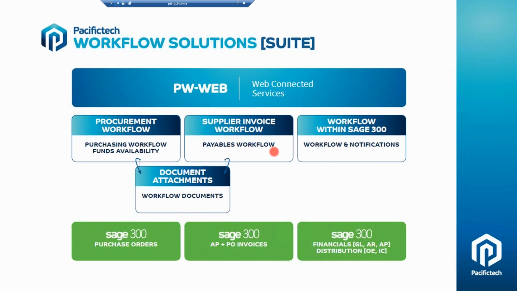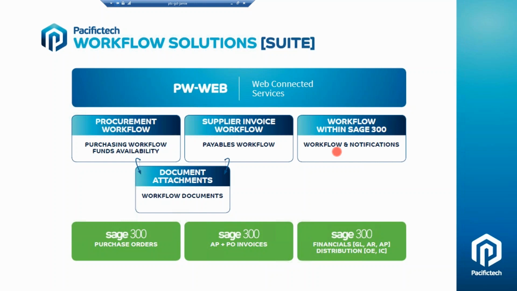We've got two other workflow modules that we won't cover today, but I'll mention them just so that you're aware of them. This one here is payables workflow, which is the workflow on supplier invoices. When an invoice comes in, that can go through an approval process as well. On the right-hand side is workflow notifications. This module provides workflows in 22 different parts of Sage 300. Some examples are vendor master files, customer master files, general ledger account codes, IC items.